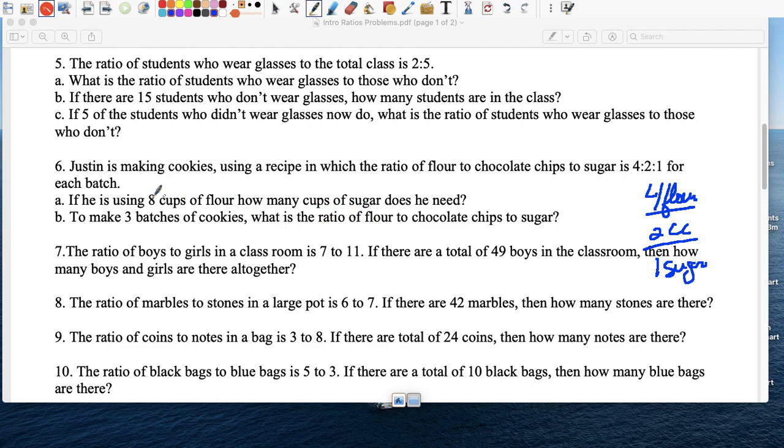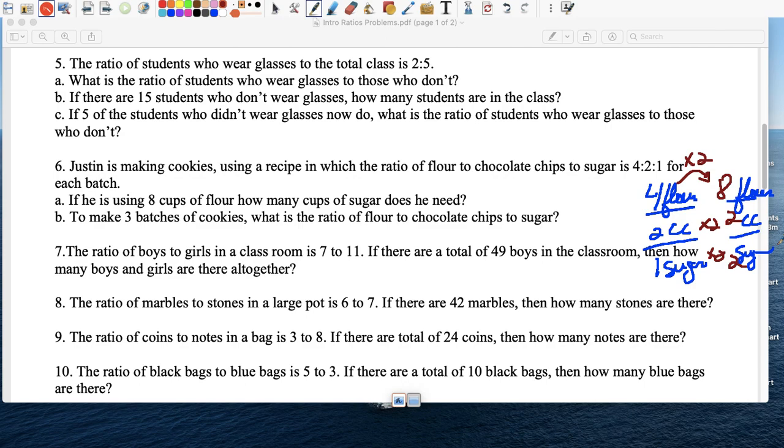So if he's using 8 cups of flour, over here on the side I'll write flour, chocolate chips, and sugar, right? My new ratio, if you increase the flour from 4 cups to 8, and you write 8 over here, well, easy enough again, times 2, times 2, times 2, so this would be 4, and this would be 2. Okay, everything doubles, basically, right?